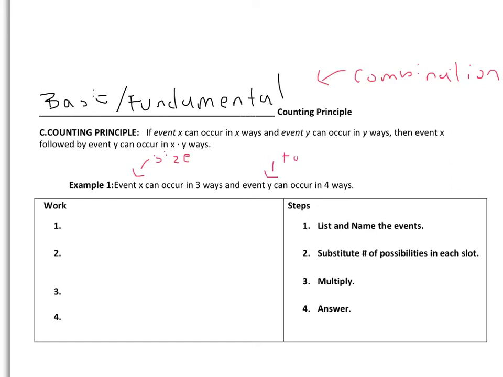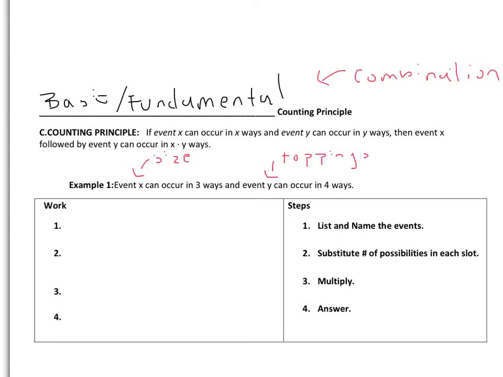So we're ordering a pizza. Let's say the pizza can be small, medium, or large, and we have 4 different toppings to choose from. We can have pepperoni, sausage, green peppers, or mushrooms. So knowing that we have 3 different sizes and 4 different toppings, we're choosing 1 topping and 1 size. How many different combinations of pizzas can you have?